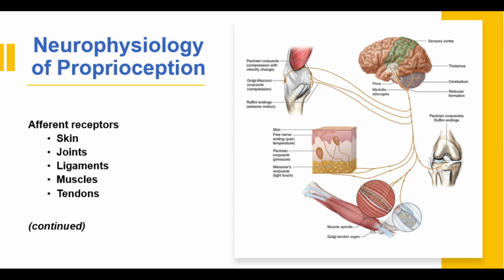Once again, here you can see the neurophysiology involved with proprioception. You have a series of afferent receptors, all located within these various tissues, so the skin, the joints, ligaments, muscles, and tendons, some of which we've already referenced. And once again, it is the afferent receptors located within those structures that are able to relay sensory information to the central nervous system, as outlined in the diagram here.